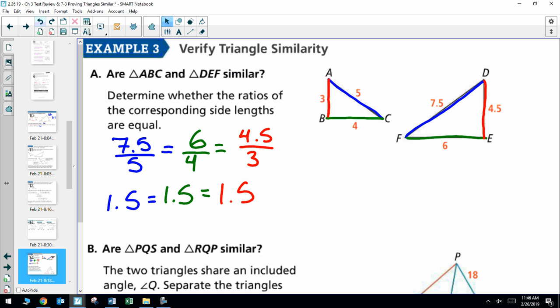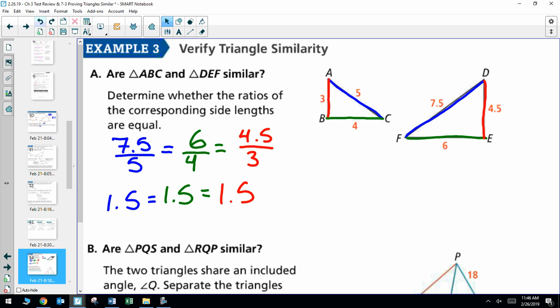And again, if you flip these, it doesn't matter if I said I'm starting here and going here. If you flip them over, then it would just be 3/4 as your fraction instead of 1.5. So they're all the same. What can we say about these? Are they similar? Yes.